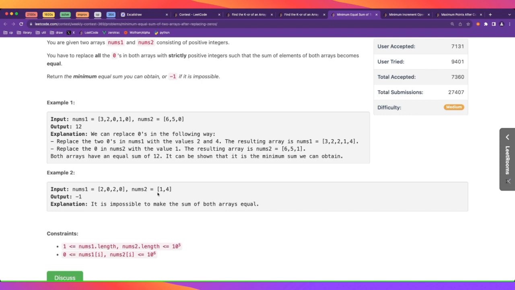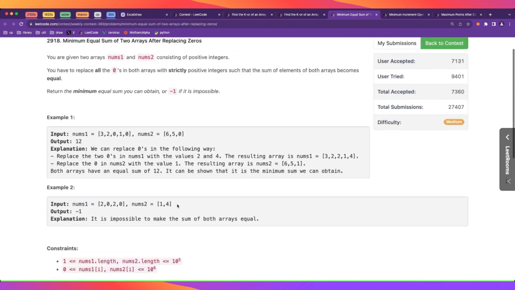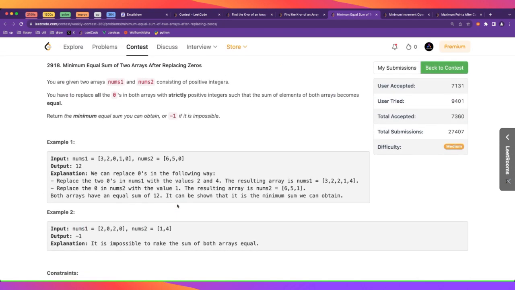The only case is when there's at least one array without zeros, then you might get to the -1 case.